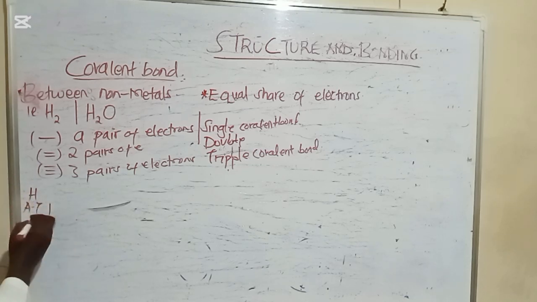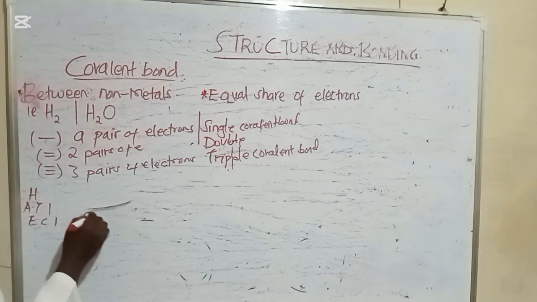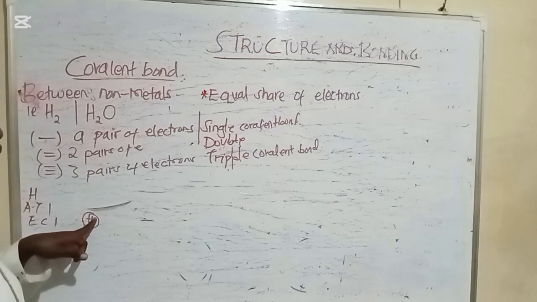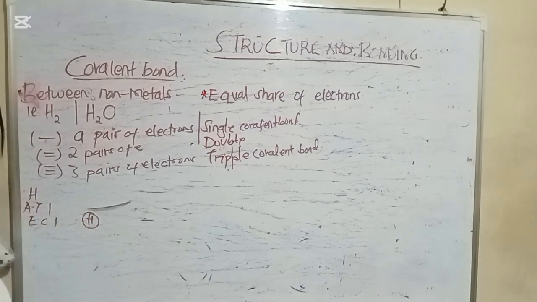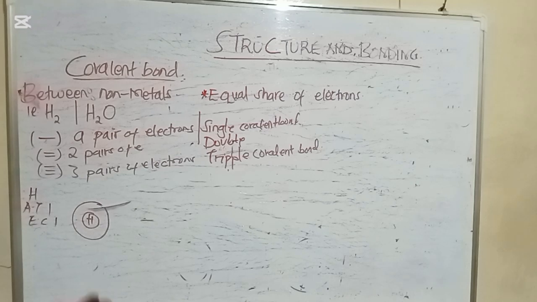So the configuration is 1. So you draw the first circle, you put your hydrogen, that is the nucleus, you put the symbol of your atom so that you can know what that represents. So that is your atom hydrogen, and the first energy level has how many electrons? 1.